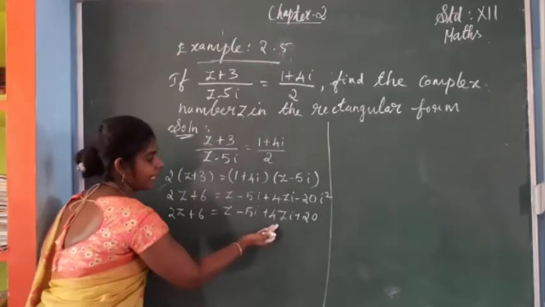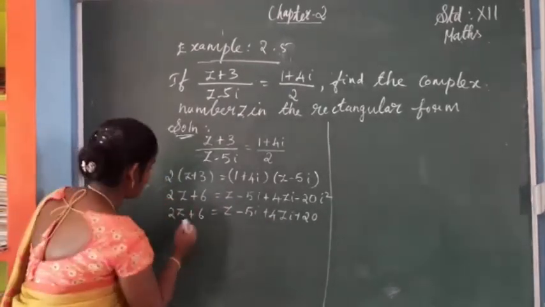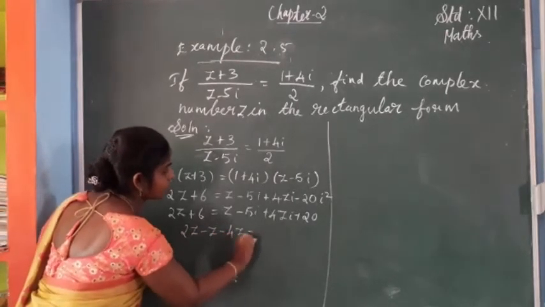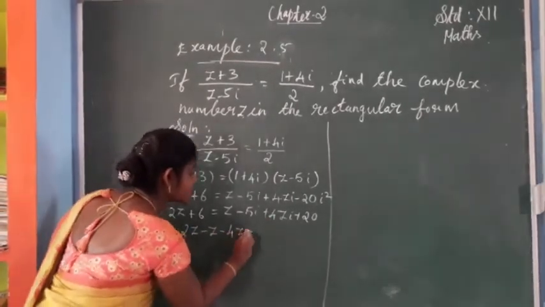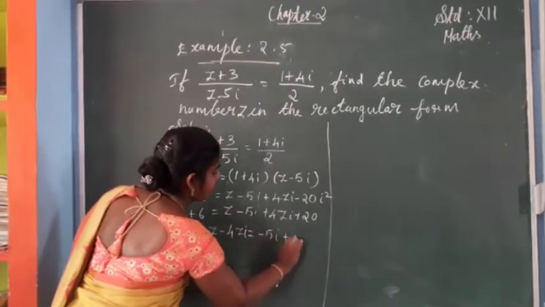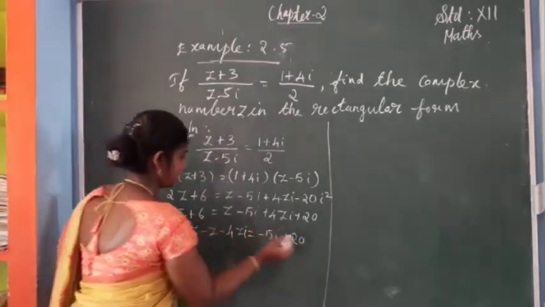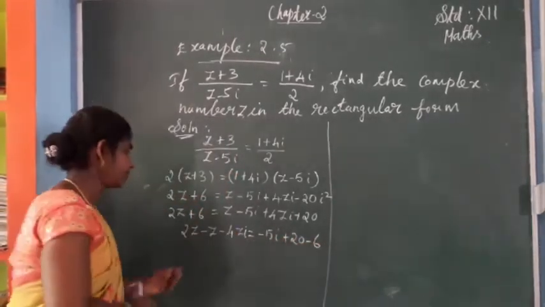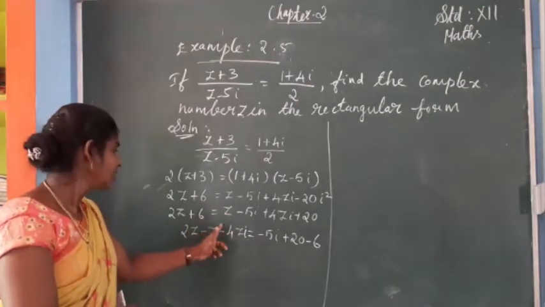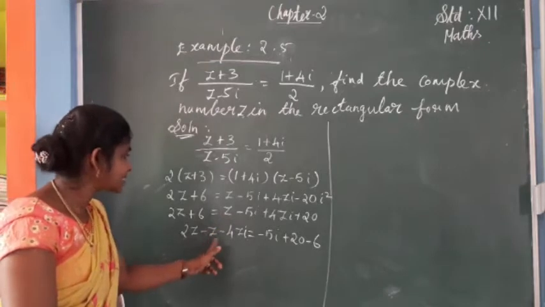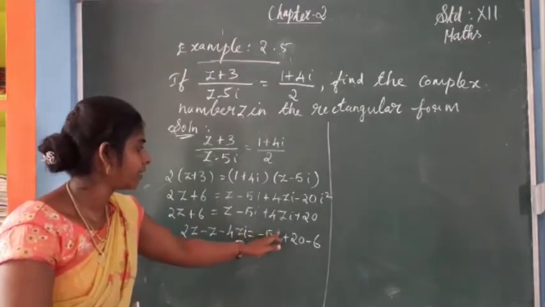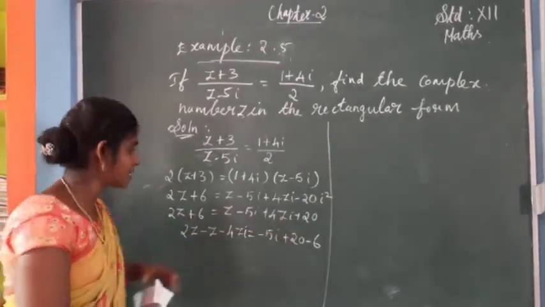So we can take the z terms to one side. 2z minus z minus 4zi is equal to minus 5i plus 20 minus 6. Take the z terms to one side; if we change the side, the sign changes. So 2z minus z minus 4zi is equal to minus 5i plus 20 minus 6.